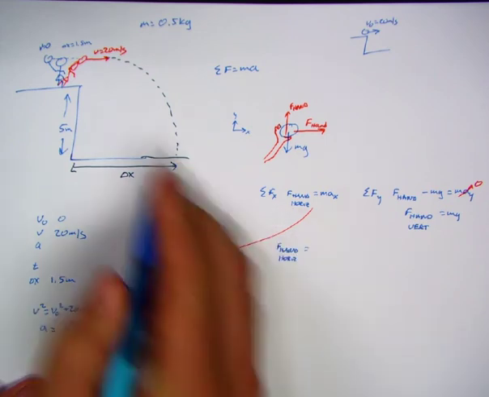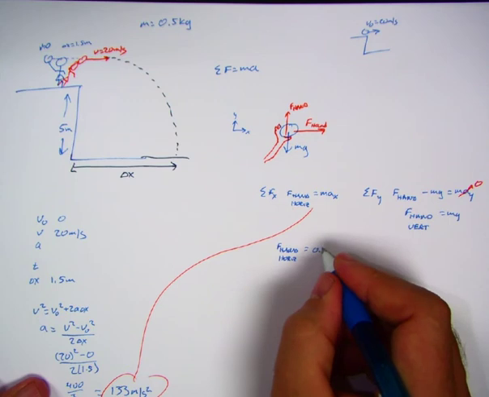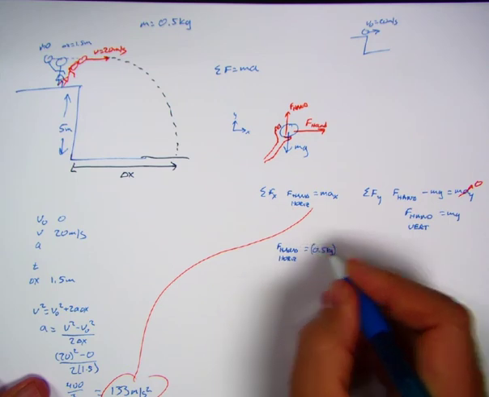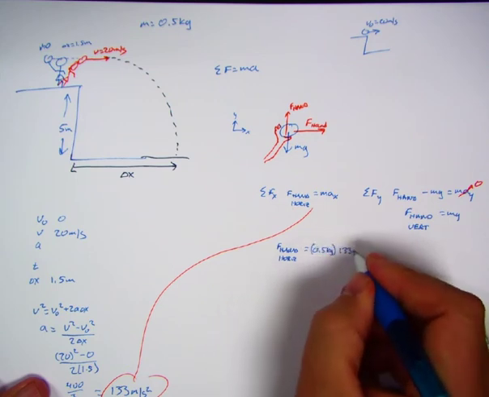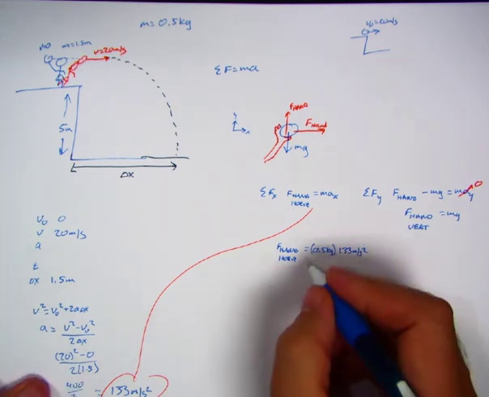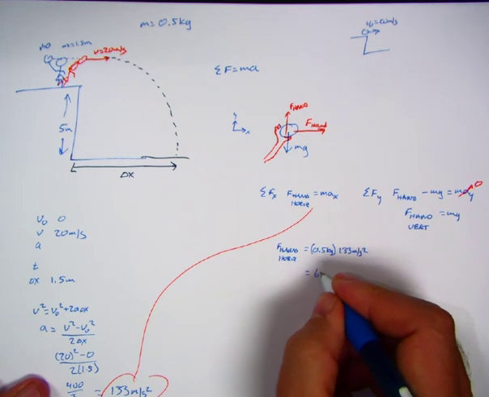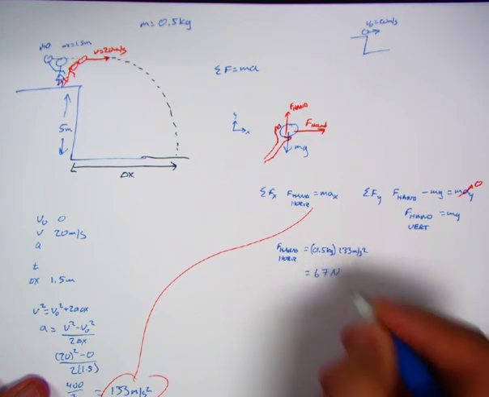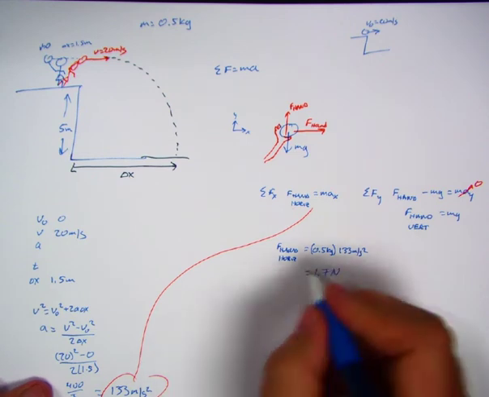so the force of the hand horizontally is going to equal my mass, 0.5 kilograms, times 133 meters per second squared. And so I'm going to end up with, let's say, 67 newtons. That's going to be the force of my hand horizontally.